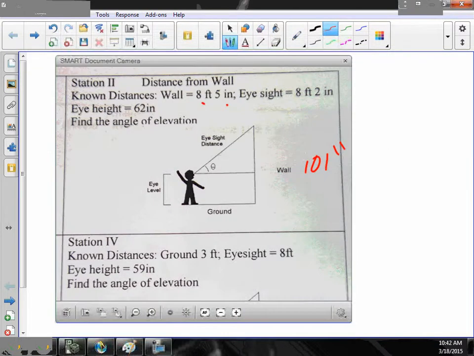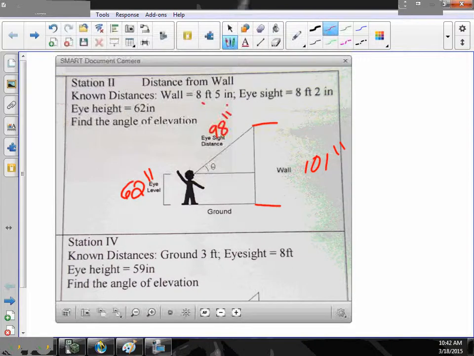So 96 plus 2 is 98 inches. And then the eye height is 62 inches. So if this is 101, how far is it from here to here? So that'd be 101 minus 62, which is 39 inches.